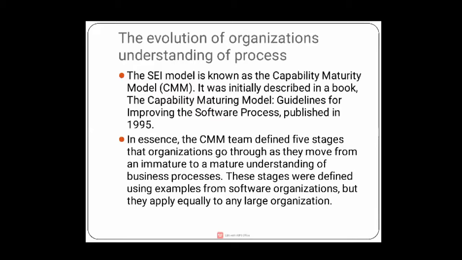So the evolution of organizations' understanding of process can be identified by this particular book, Guidelines for Improving the Software Process, published in 1995. In essence, the CMM, or Capability Maturity Model, defines the stages that organizations go through as they move from an immature to a mature understanding of business processes.